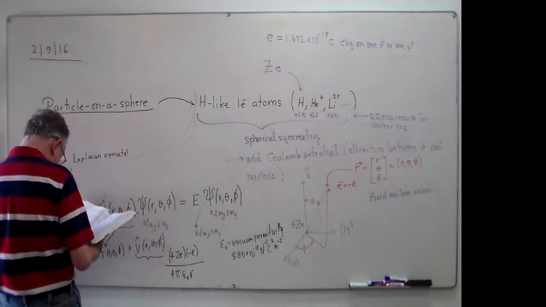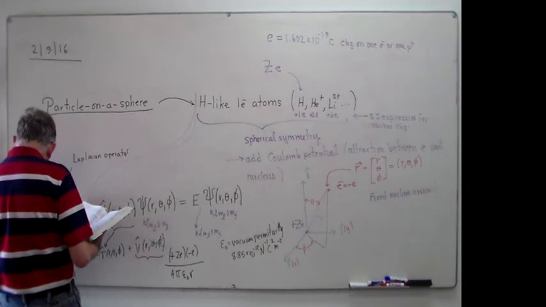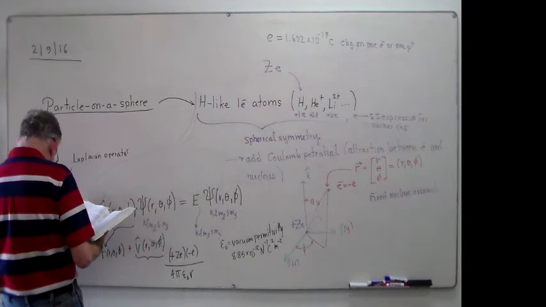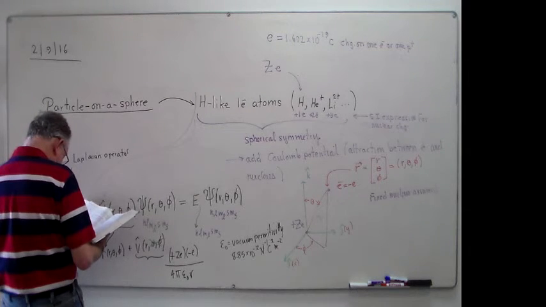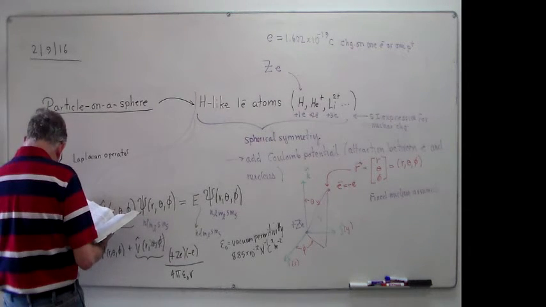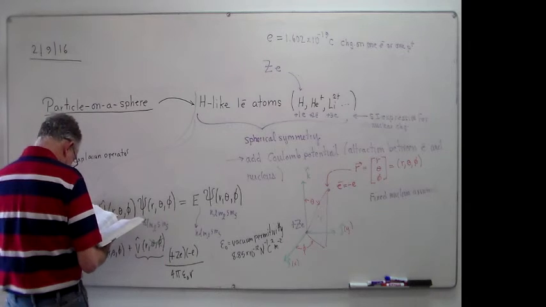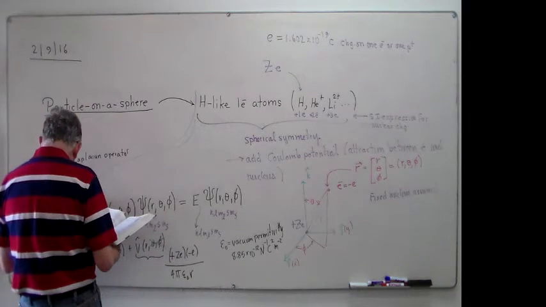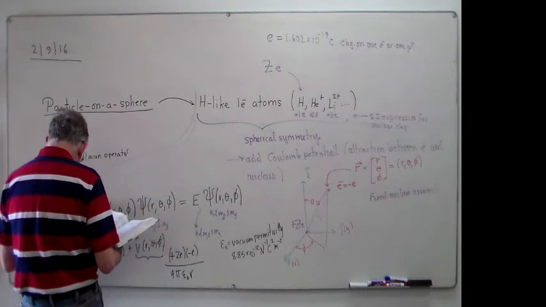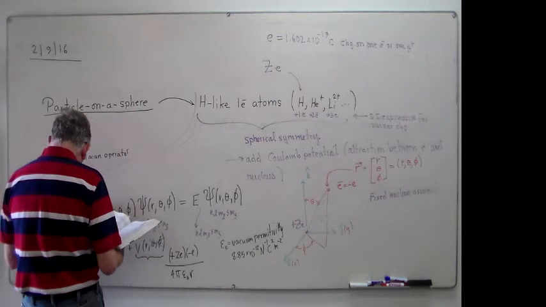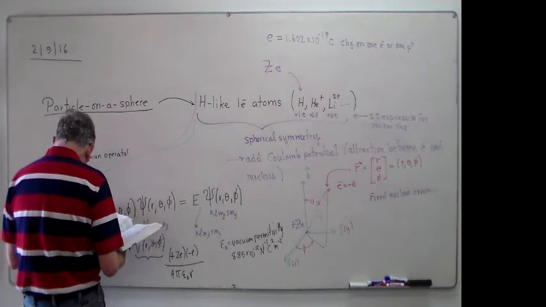There's a radial piece, d squared dr squared, plus 2 over r d dr, plus 1 over r squared lambda squared of theta and phi.